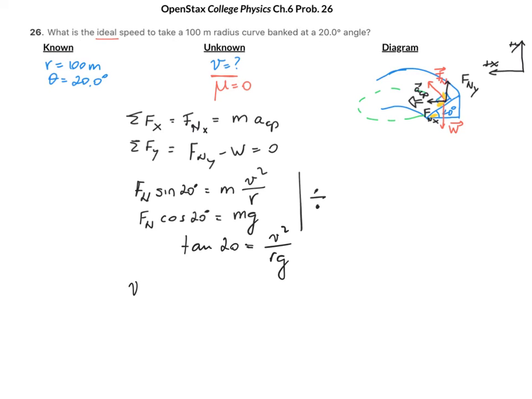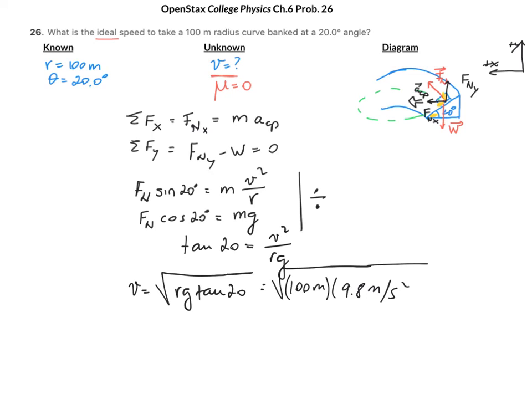When I solve for v, it's the square root of rg tangent 20, so that is the square root of 100 meters times 9.8 meters per second squared times tangent 20. When we plug numbers into the calculator, we end up with 18.9 meters per second.